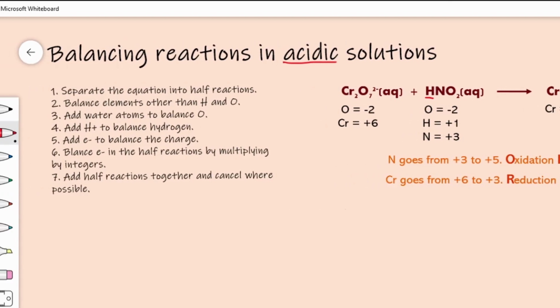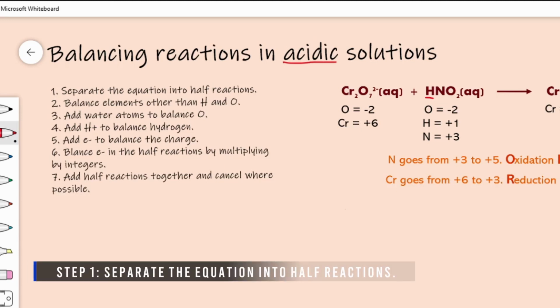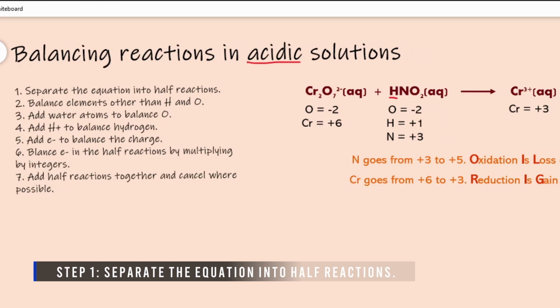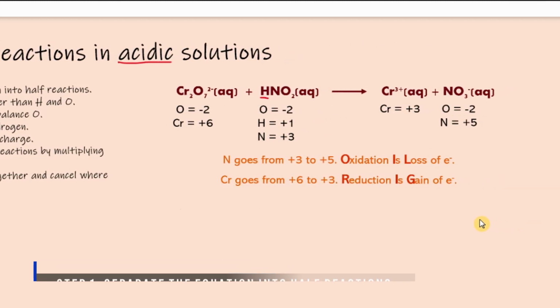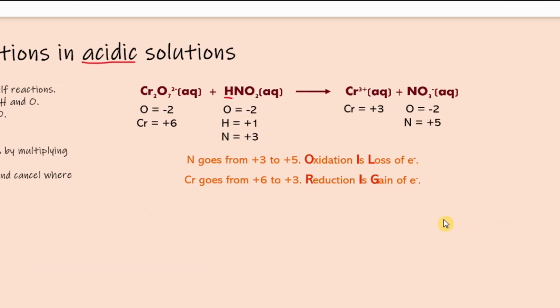I've outlined the steps over here on the left, and we're going to check these off as we go. If you don't understand these just by reading them, I'm going to explain them. The first step is to separate the equation into half reactions. That means we're going to take the oxidation and reduction pieces of this reaction. You always have oxidation and reduction going on at the same time.